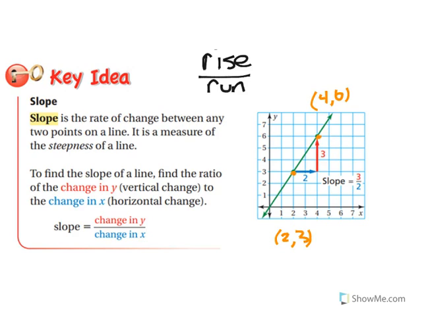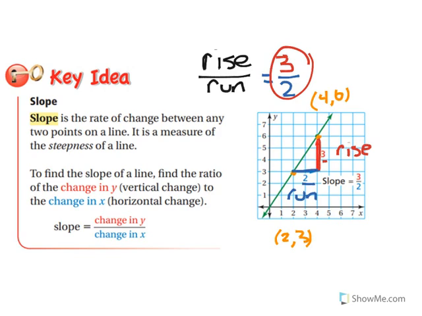The horizontal movement goes over 2. Again, this is called the run. The rise is how much did it go up or down, really. It went up 3. Again, this is the rise. So our slope is 3 over 2.